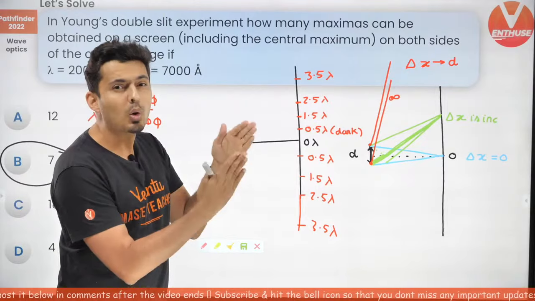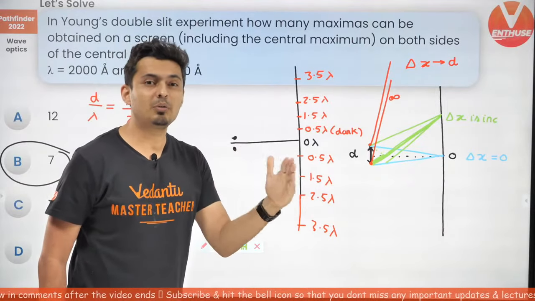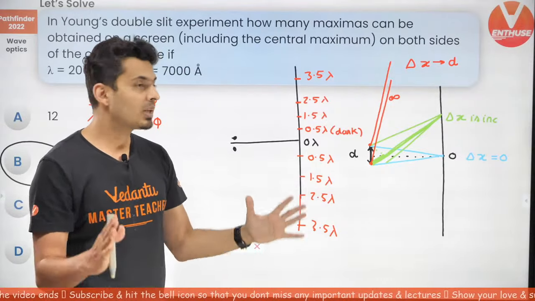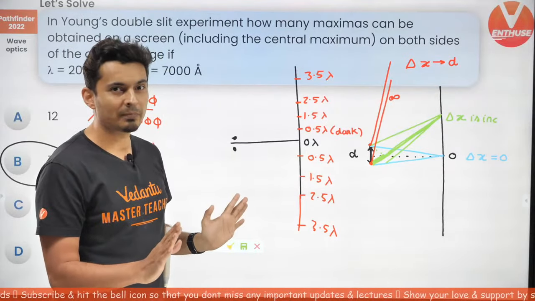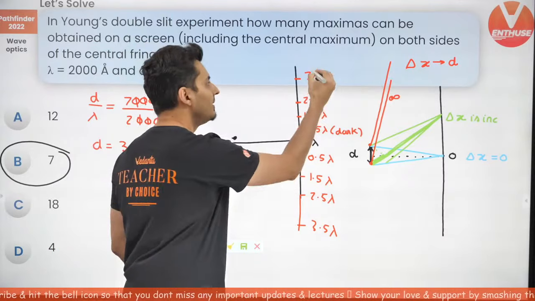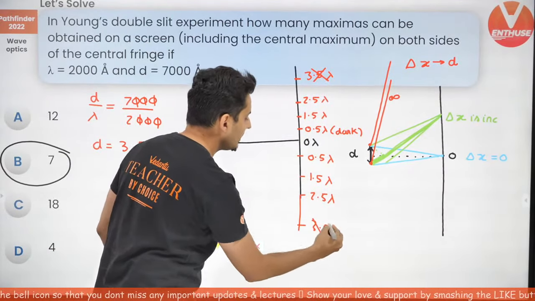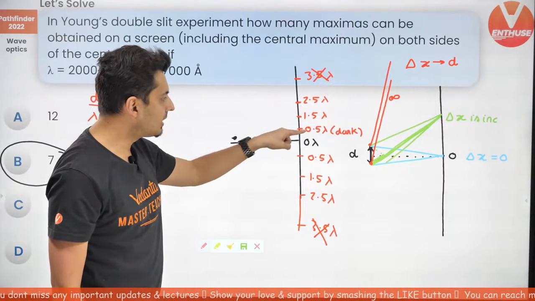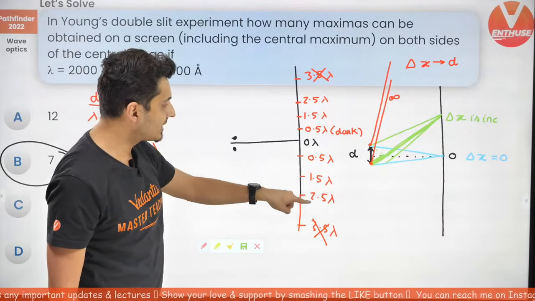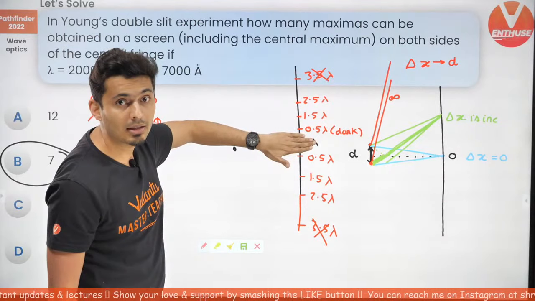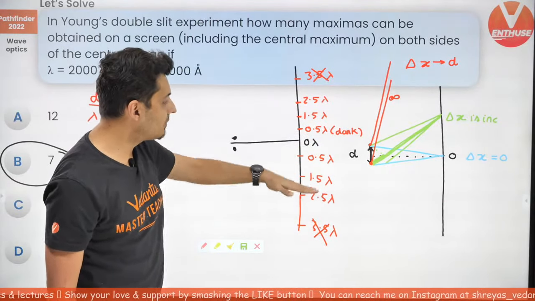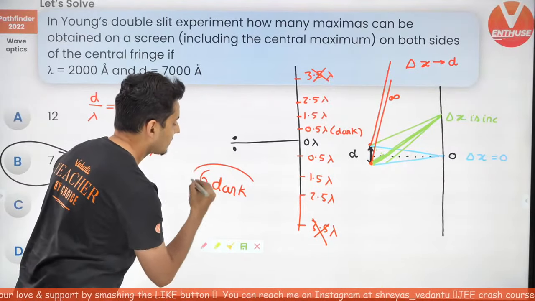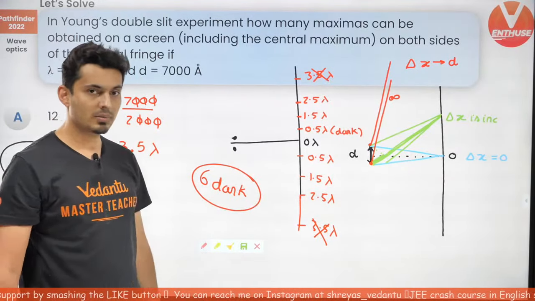It comes close to it. It might become 3.49, 3.48, but it will never actually become 3.5, which is 7 by 2. So these values should not be taken into consideration. So that's it: 1, 2, 3, 4, 5, 6. 0 is a maxima, so don't take that into account. 6 dark fringes. That's how you need to do this.